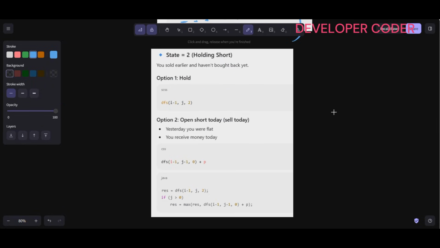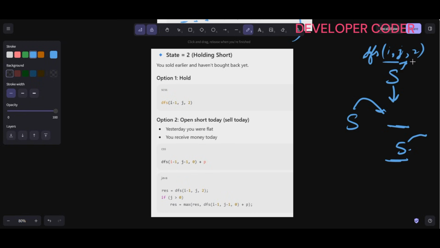Now state 2, holding short. So you are holding short, how can you do this? Maybe here also you are holding short and you do nothing, or maybe here you sell some stock and then you move to short. So at this holding short, dfs of I j2, this is what I need here.